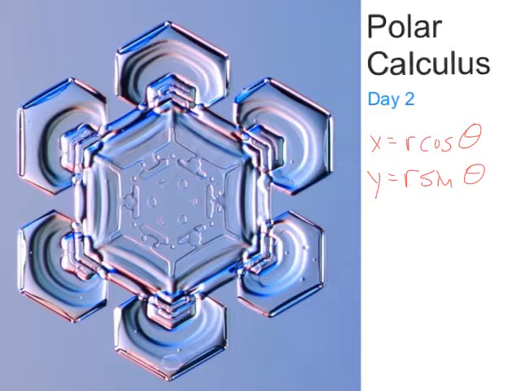Let's see, some other equations that we should have picked up. R is equal to the square root of x squared plus y squared. And we should also know that tangent of theta is equal to y over x. So those are the four formulas that you should memorize and be able to manipulate for tonight's homework associated with this, and polar calculus in general.